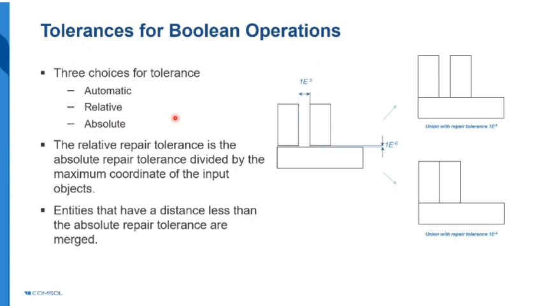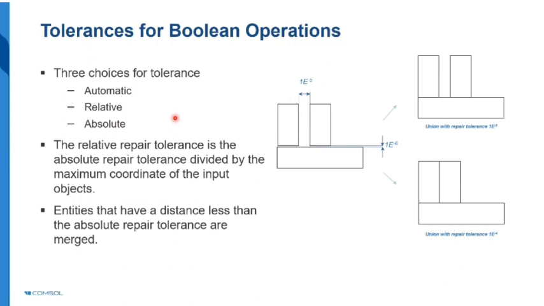So what do these tolerances mean? The relative tolerance is the absolute repair tolerance divided by the maximum coordinate of the input object itself. In other terms, the absolute tolerance is equal to the relative repair tolerance times the maximum coordinate of your input objects.